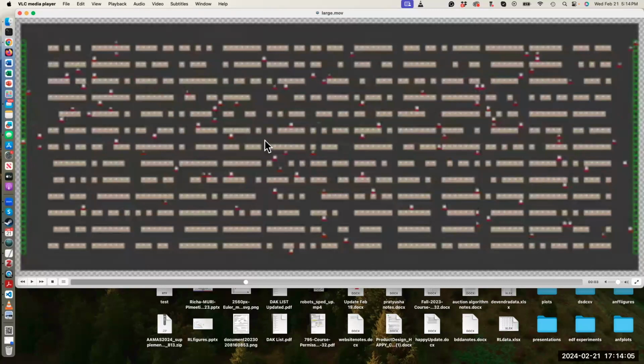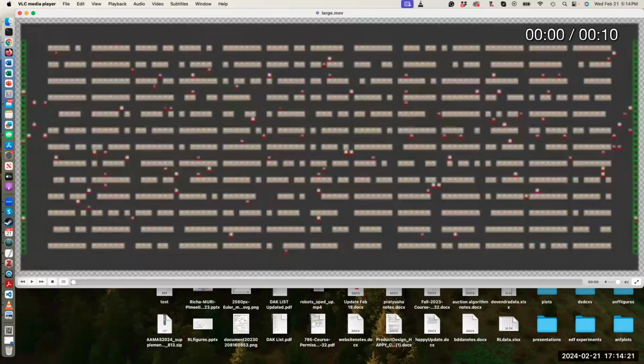Because it's a static environment, this can be done. And then at every time instance for every agent, you don't need to calculate shortest paths in real time. That's one of the reasons it can be operated so efficiently.